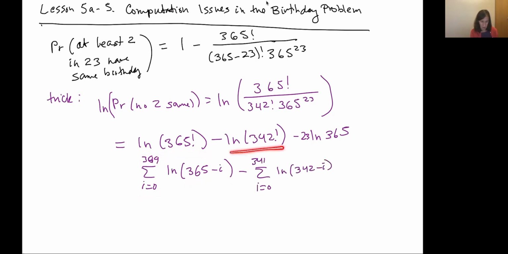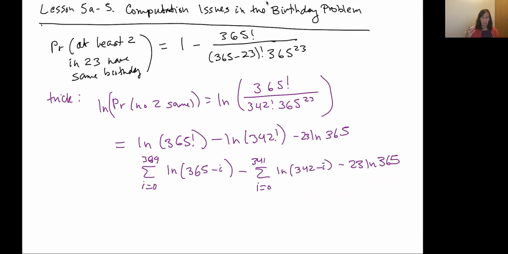So that's this little term here. Minus 23 log 365. Okay, so the biggest number in this calculation is the log of 365, which is around 6. Nobody's going to have problems calculating that.